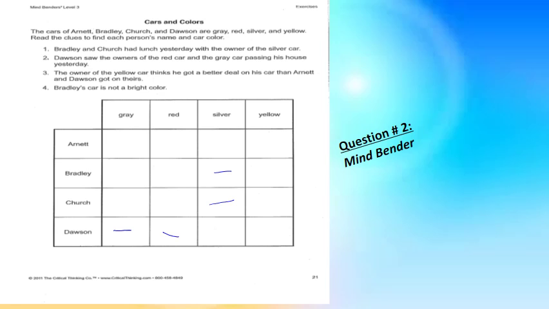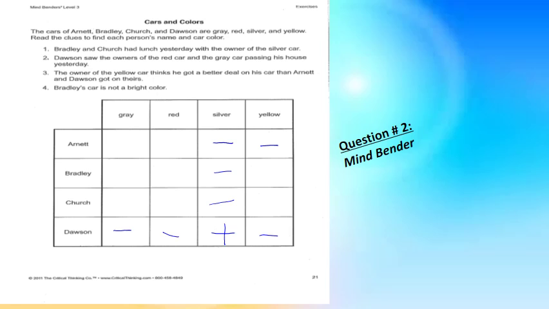Now clue number 3: The owner of the yellow car thinks he got a better deal on his car than Arnett and Dawson got on theirs. So Arnett is not the owner of the yellow car, nor is Dawson the owner of the yellow car. So Dawson is the owner of the silver car. So Arnett is not the owner of the silver car.